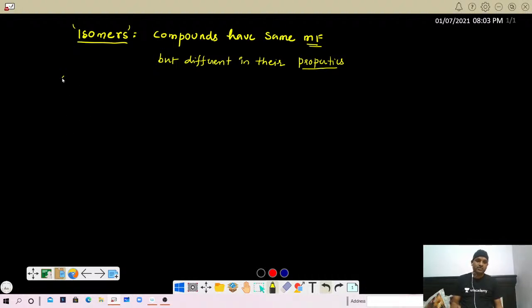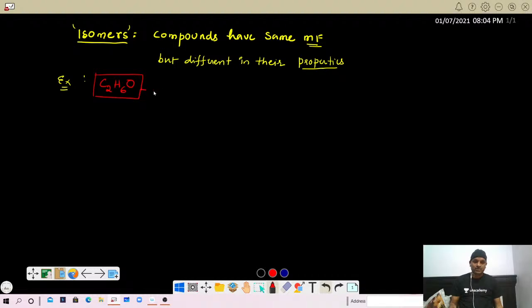Example. The simplest example I would like to give here: the molecular formula C2H6O. This is the given molecular formula. Based on connectivity and structure, how many isomers can we write?